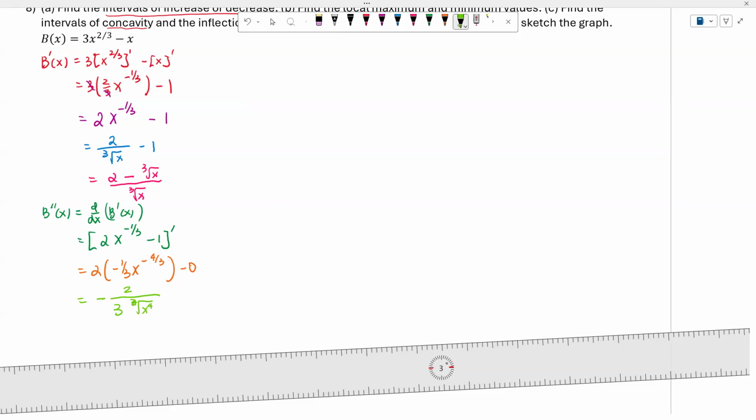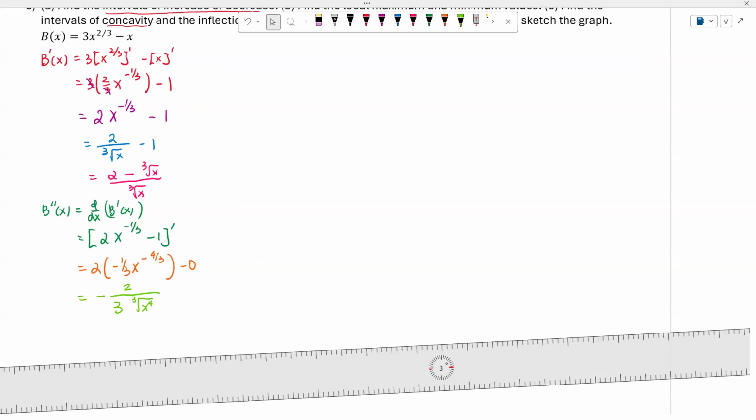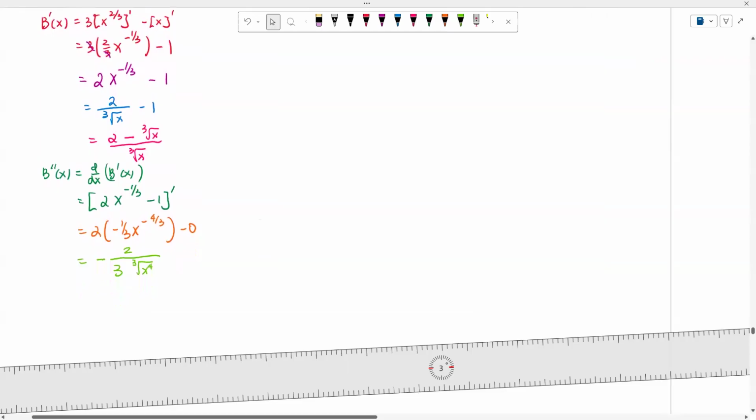So I will have negative 2 over 3 times cube root of x to the power 4. Or if we want to simplify more, this will be cube root of x to the power 3 times cube root of x.